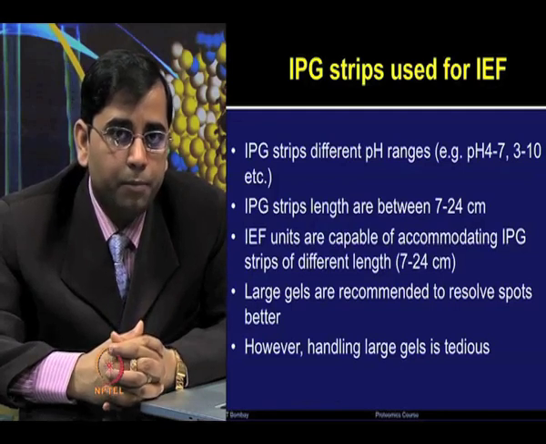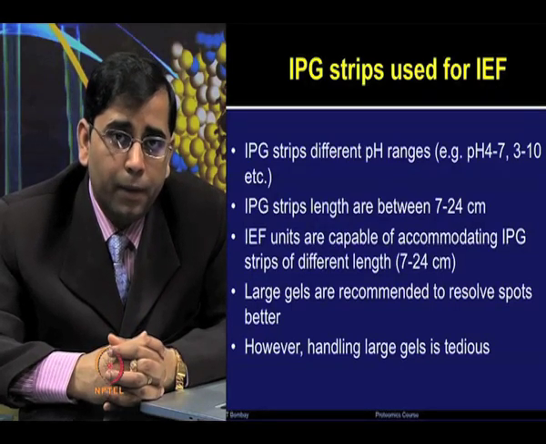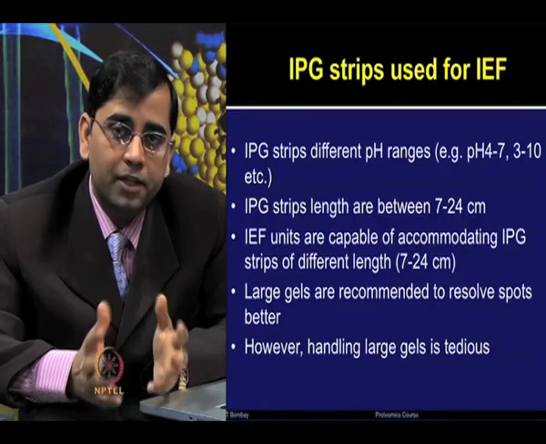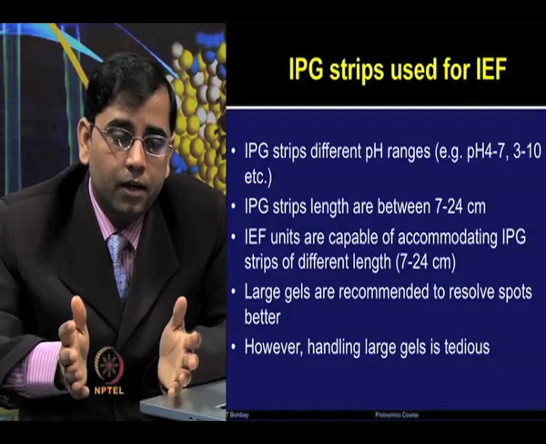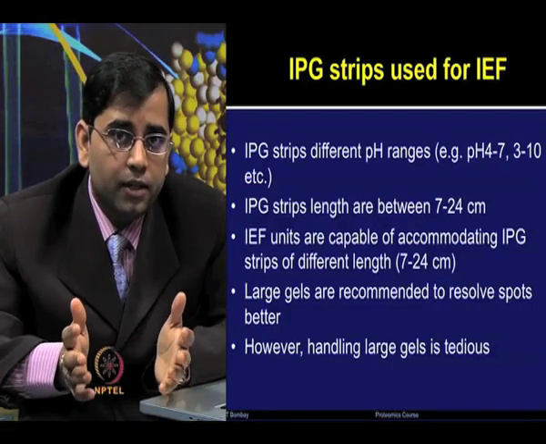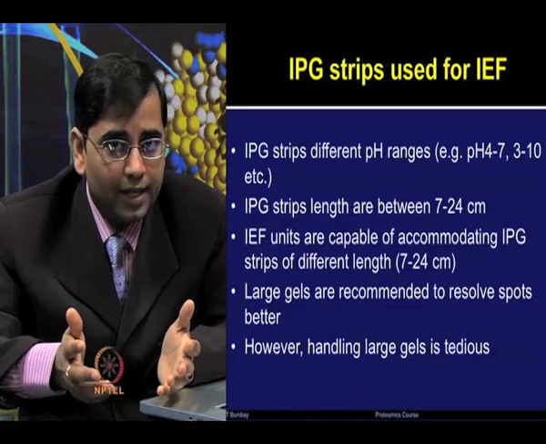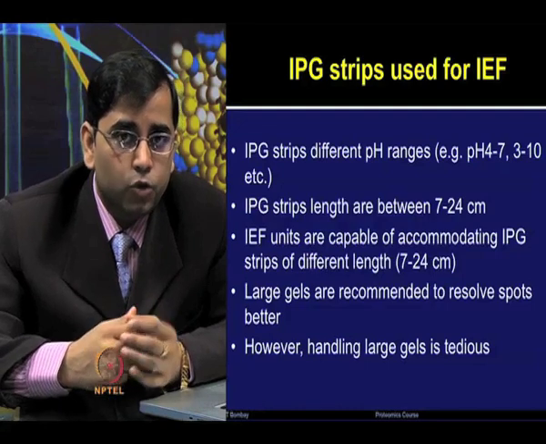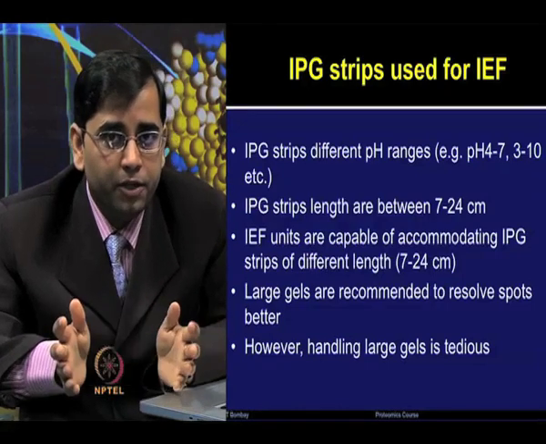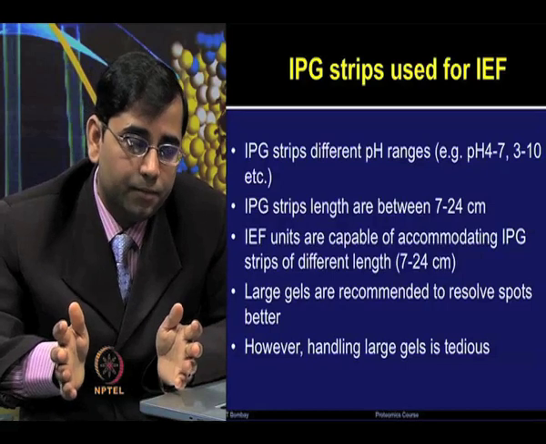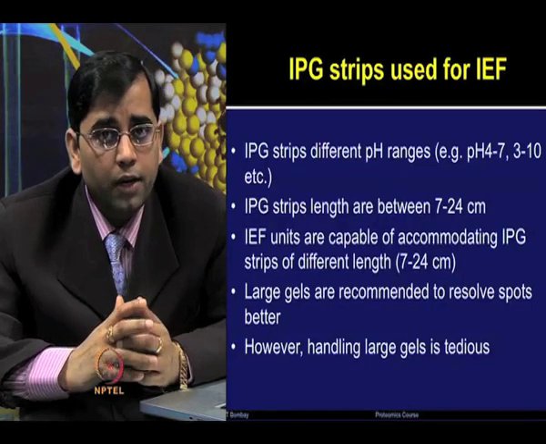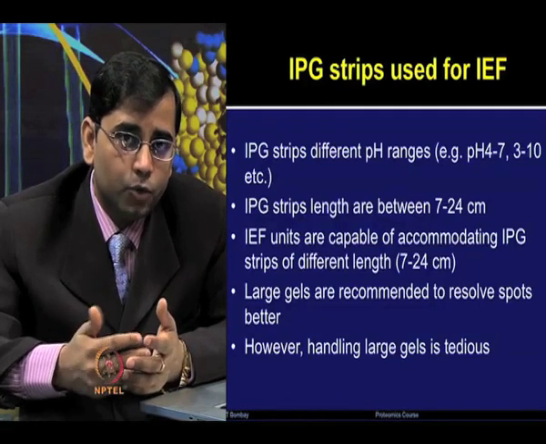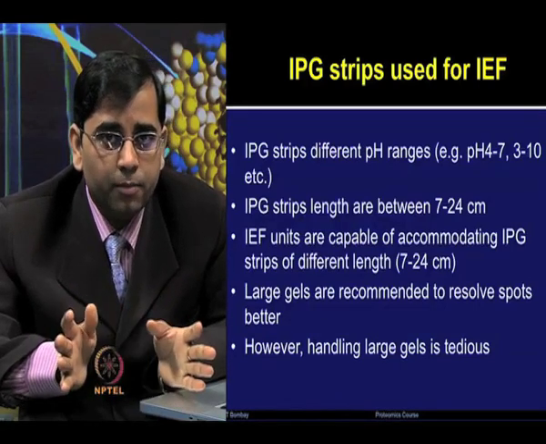As I described in my previous slide, depending on your biological question, if you are mainly interested in separating the proteins in their biological pH range, then 4 to 7 could be a good choice, where you can have better separation of the protein, but you may lose a few proteins which could be in the extreme region of acidic and basic. Now, if you want to know all the proteins which could be present in your sample, you can apply a very broad range strip like 3 to 10.